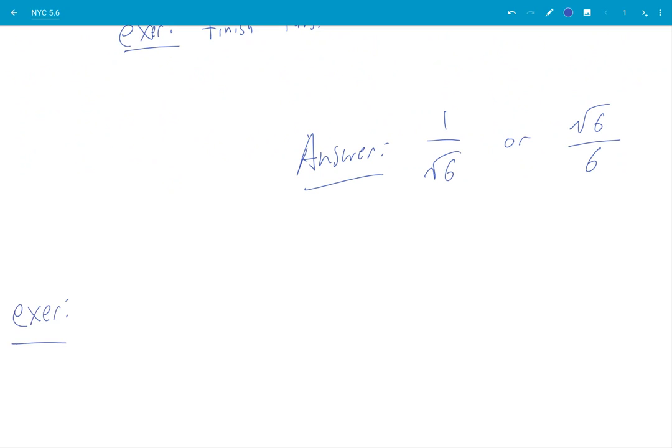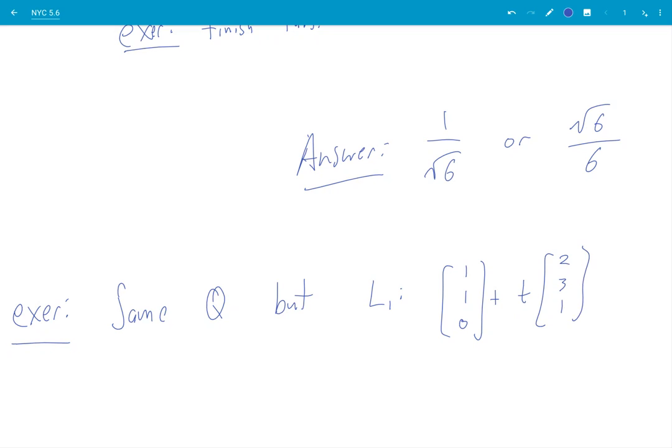Okay, I'd like you to try one of these from top to bottom. So same question, but the first line is 1, 1, 0 plus t times 2, 3, 1.